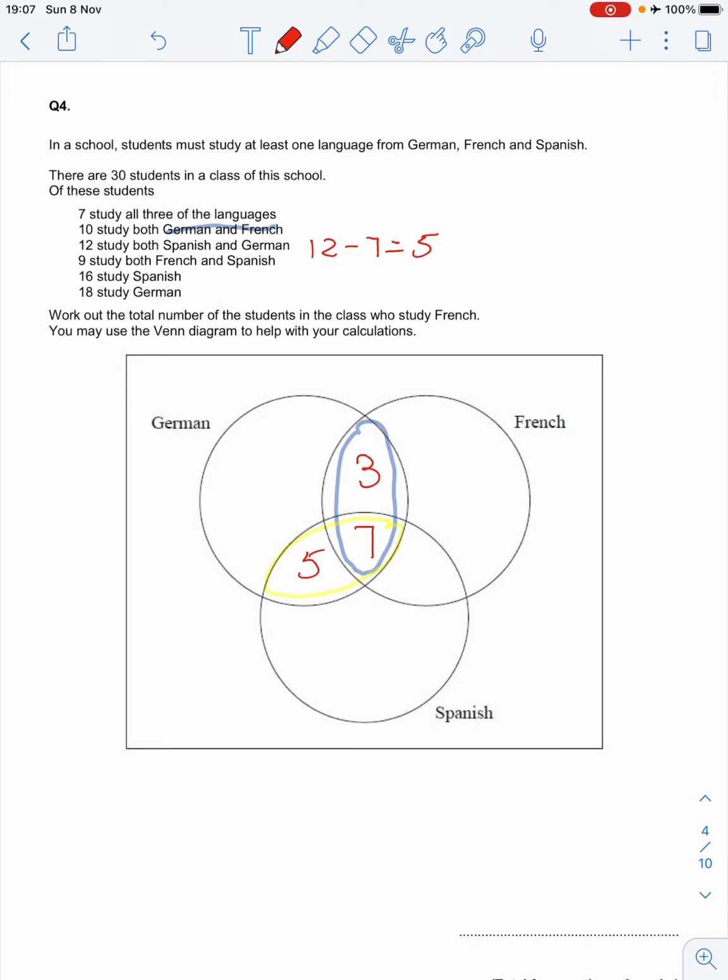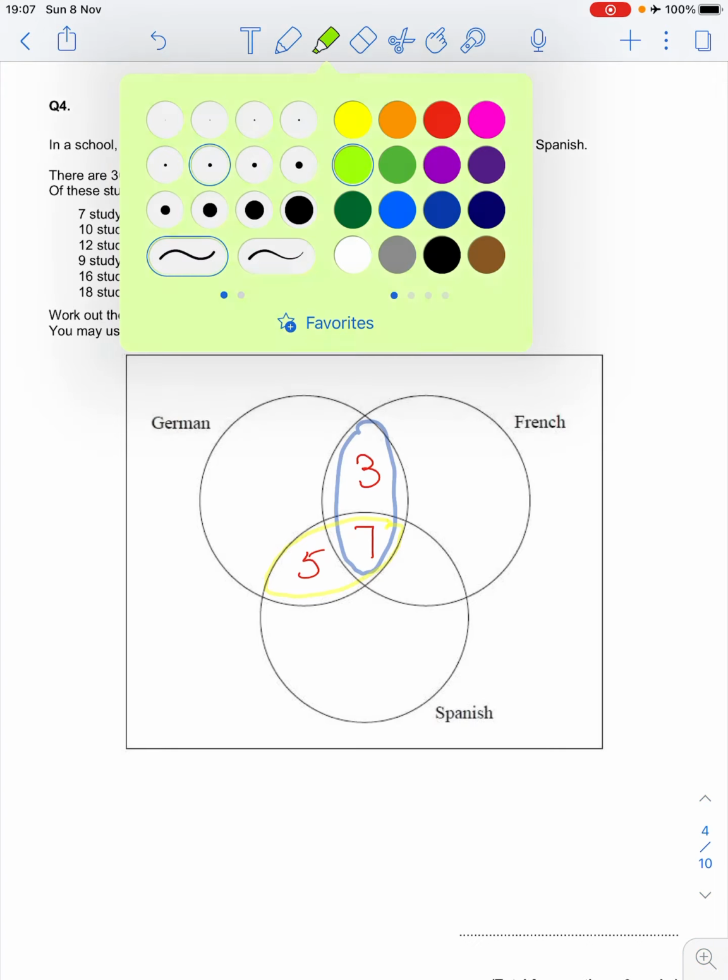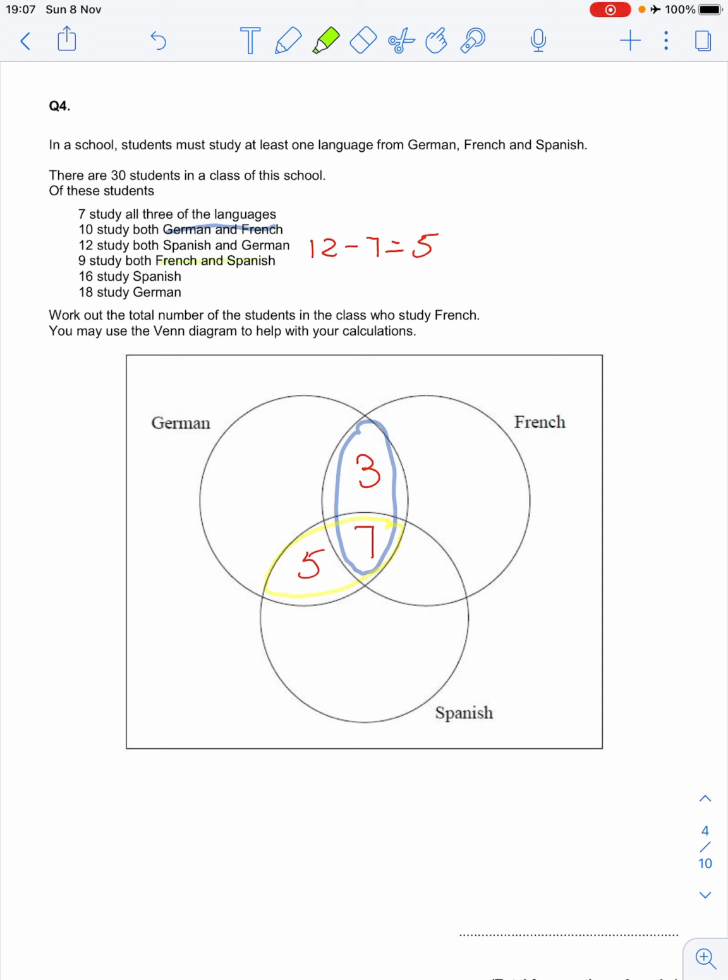Next part, we have French and Spanish. So French and Spanish is this intersection here. And they need to have 9 students. So we know that in the middle is 7. So we have 9 take away 7 equals 2. Next part, 16 study Spanish.